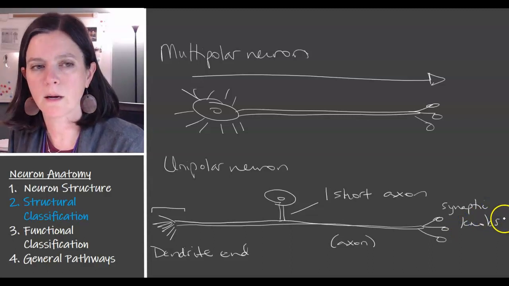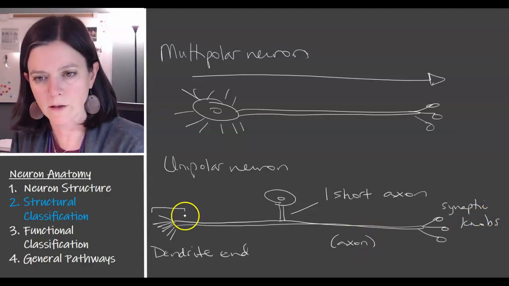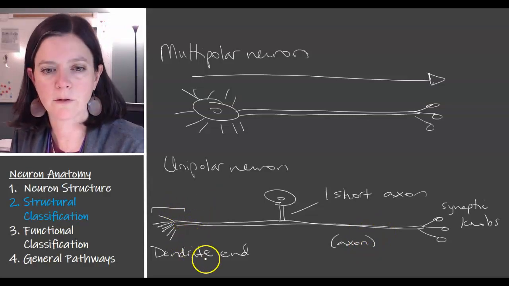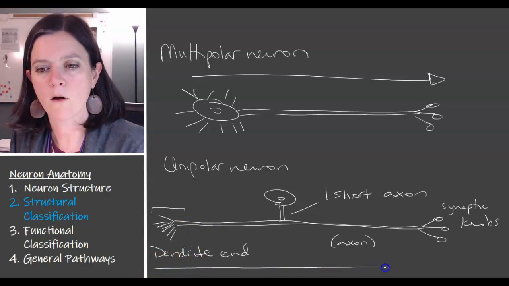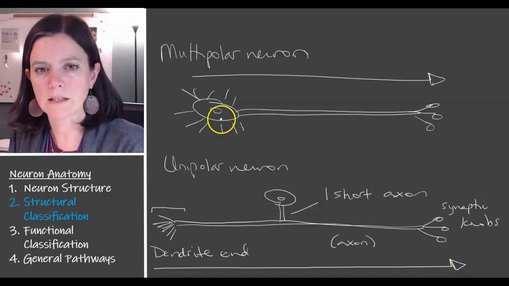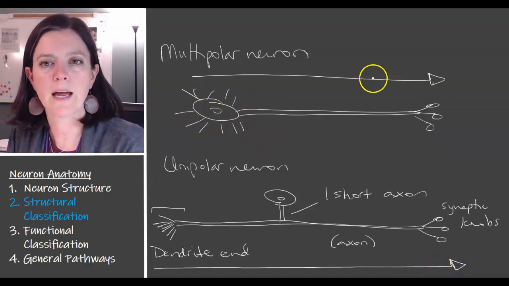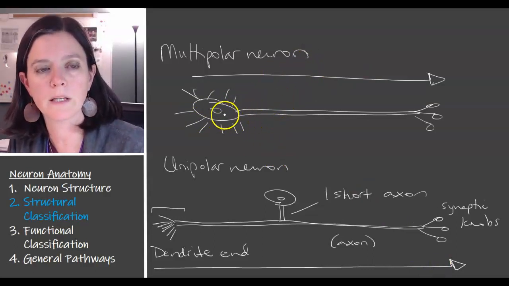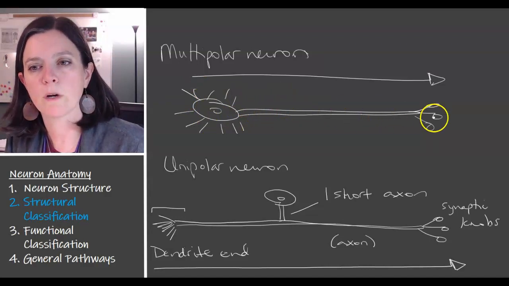So the synaptic knobs, in a sense, are like the distal end of that unipolar neuron. So the direction that information is going to flow in this example is from the dendrite end all the way past the cell body and down towards the very end of the synaptic knobs. So let's just look at these again. So the multipolar neuron has many processes coming off of the cell body, many dendrites, and one axon.